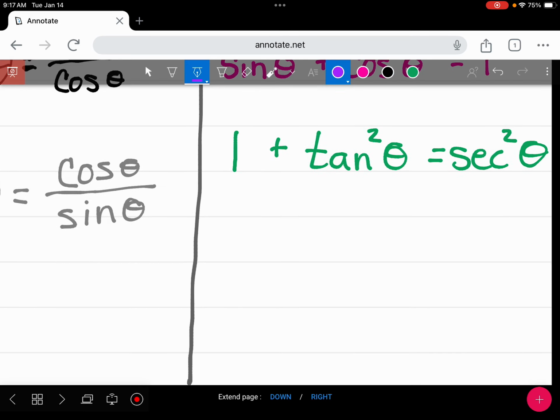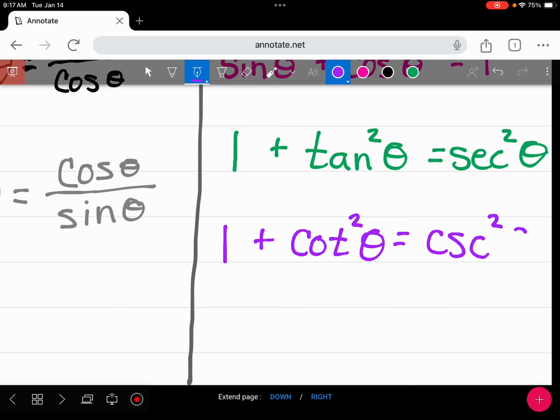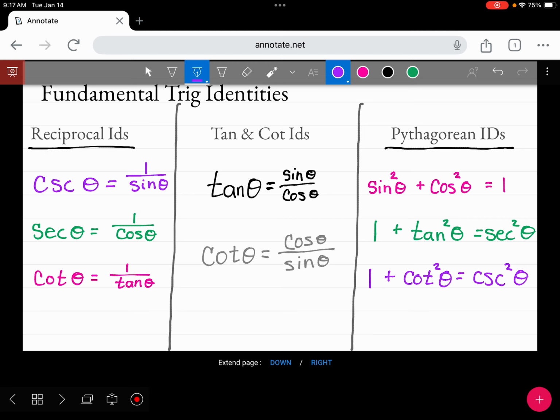And then our last Pythagorean identity is 1 plus cotangent squared is cosecant squared. And these are all based off each other, and we're going to see that here in a little bit. We're going to look through verifying these and seeing what's happening here and why, because right now it's just kind of like magic.